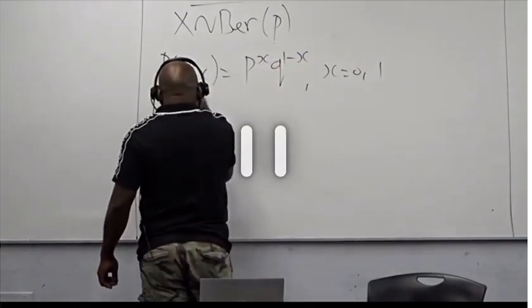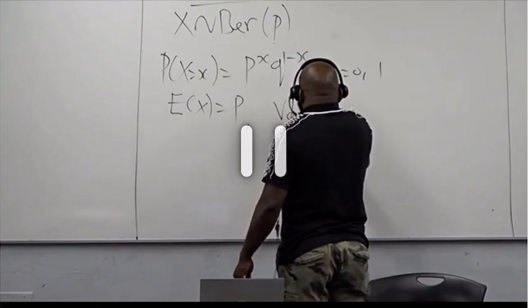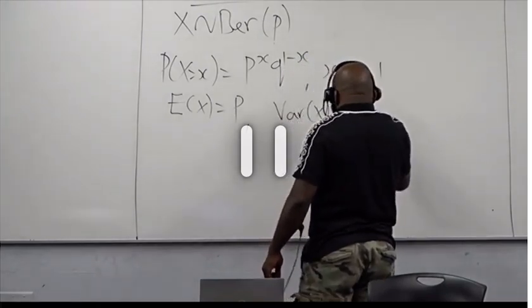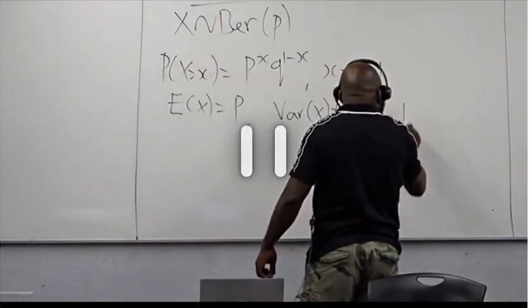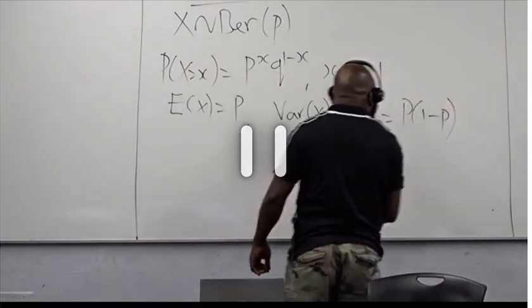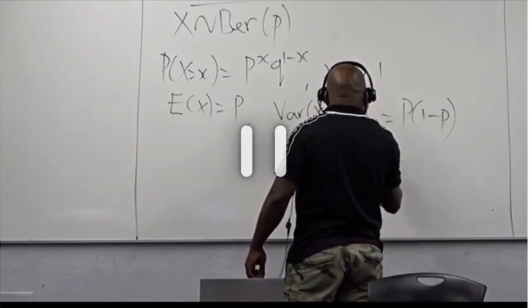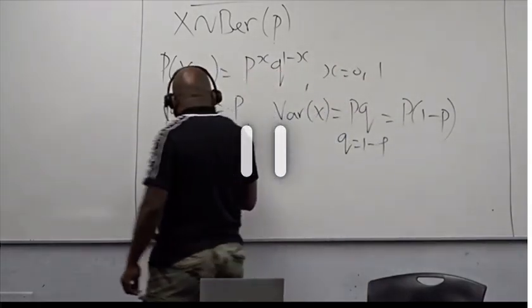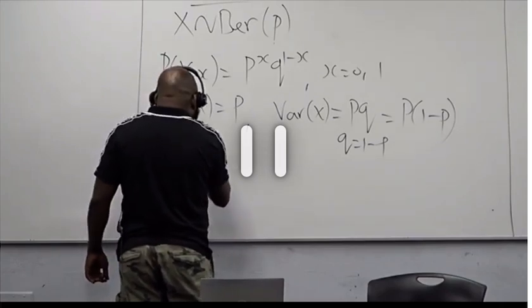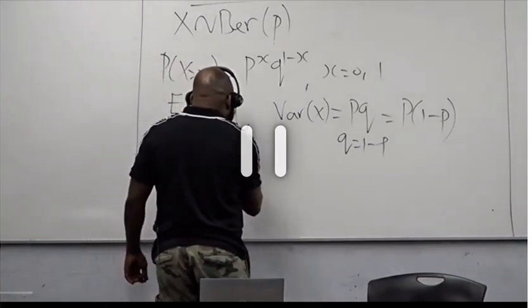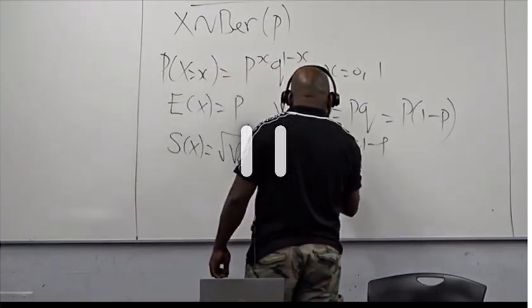The expectation of x equals p. The variance of s is pq. I can also rewrite this as p times 1 minus p. Don't forget, q equals 1 minus p. And of course, the standard deviation of s is the square root of the variance of s, which is going to be the square root of pq.